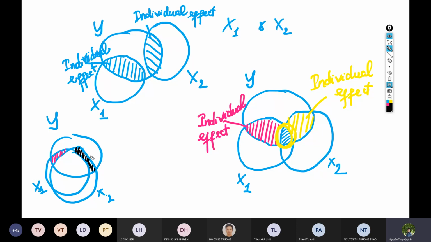All right, so now let's do a test to see whether there is an individual effect of an independent variable on the dependent variable. Any questions here?